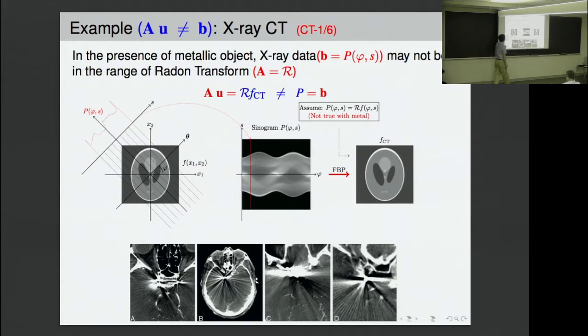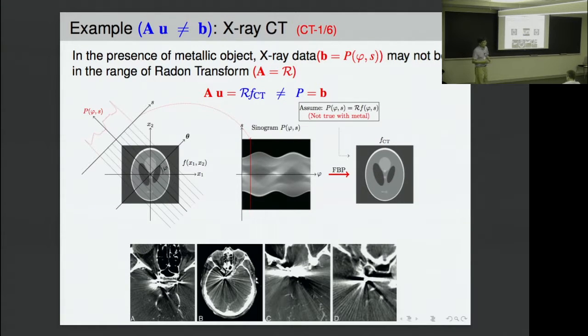X-ray is projected this way, and this is the projected data, B. You rotate 360 degrees around that region, and then you get the sinogram data. The inverse problem is that using the sinogram data, you try to reconstruct the cross-sectional images. That's the typical well-known CT problem.